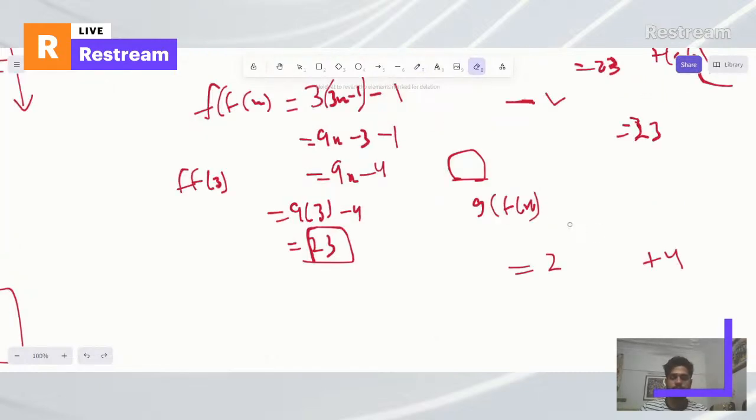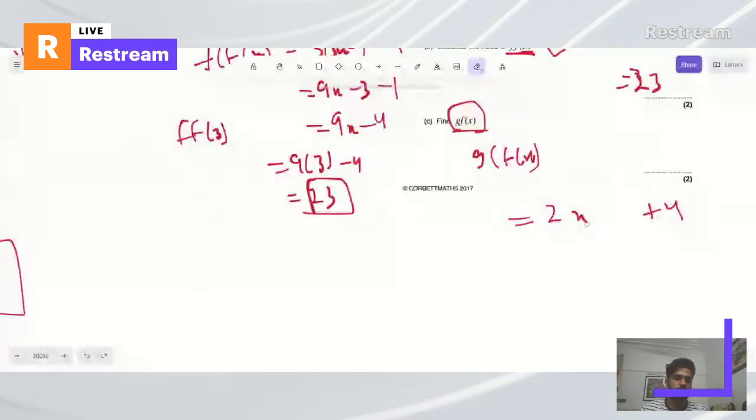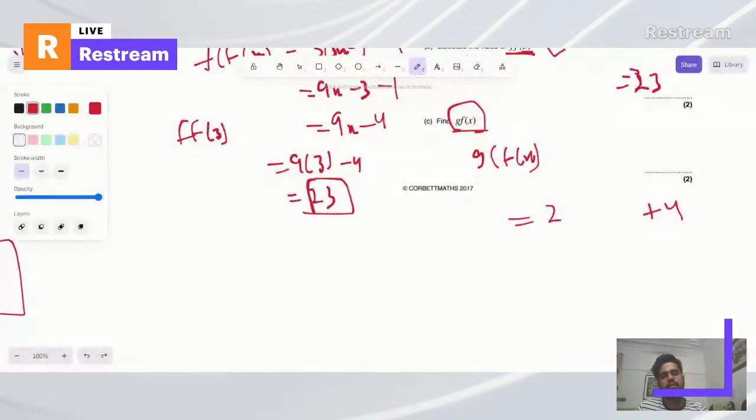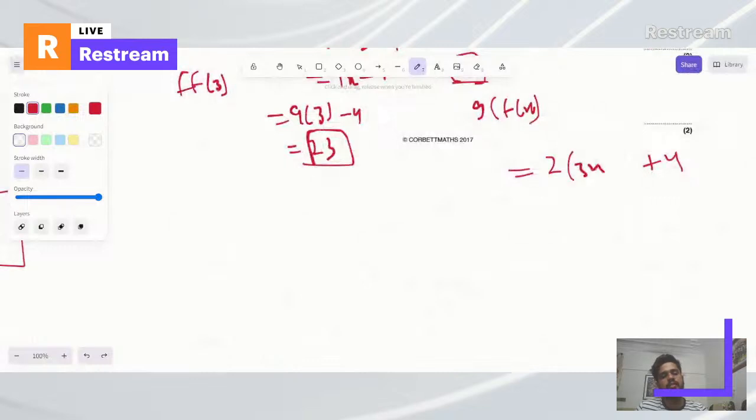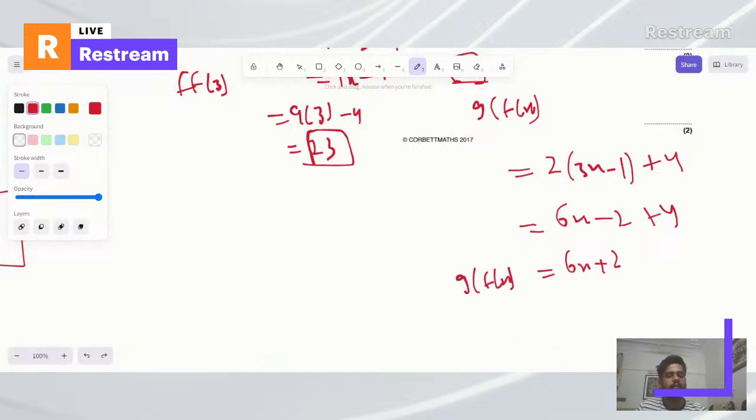So we substitute the value of f, which is 3x minus 1. So the final answer is 2 times 3 is 6x, 2 times 1 is negative 2, and then plus 4. So it would be 6x plus 2. So that is the value of gfx.